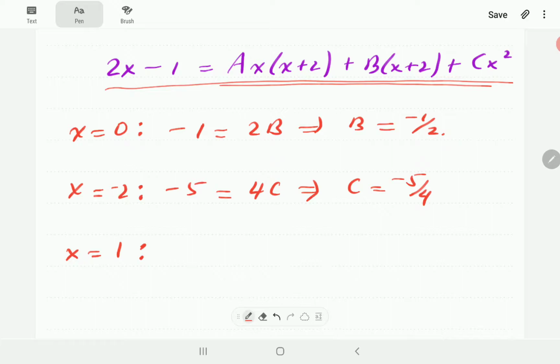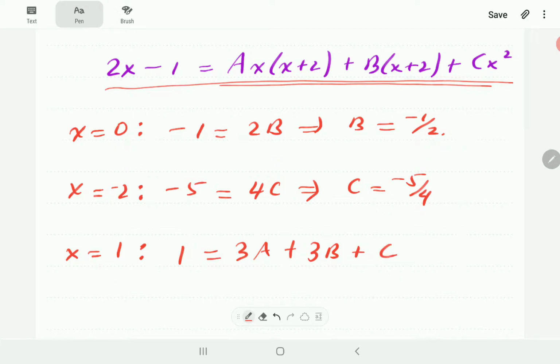So when x equals 1, the left hand side is going to be 1. This term is going to be 1. That's going to be 3. So that's going to be 3A. That's going to be 3B as well. That's going to be C. So plus 3B plus C.